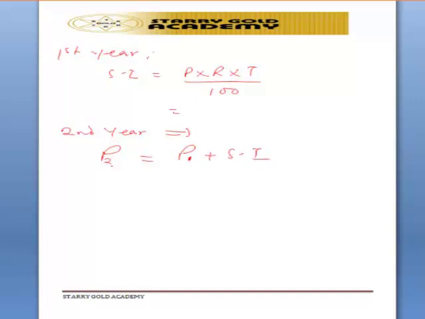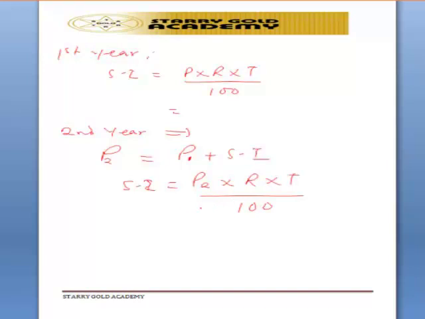It's only the principal that will be changing. So our simple interest for that year will be P2 times R times T over 100.